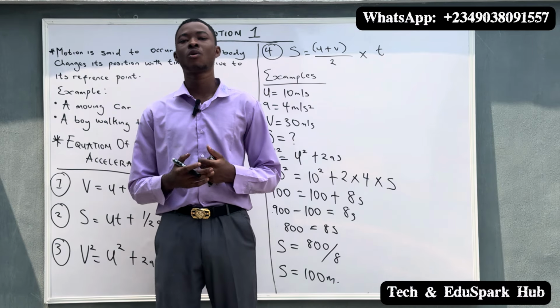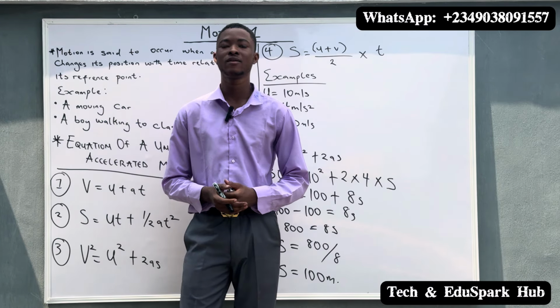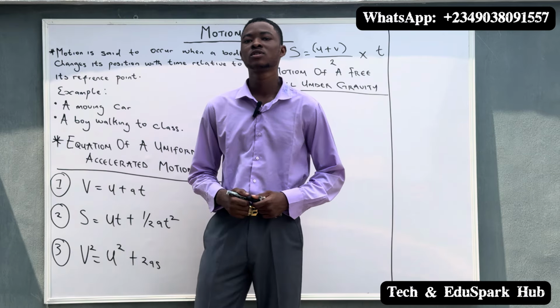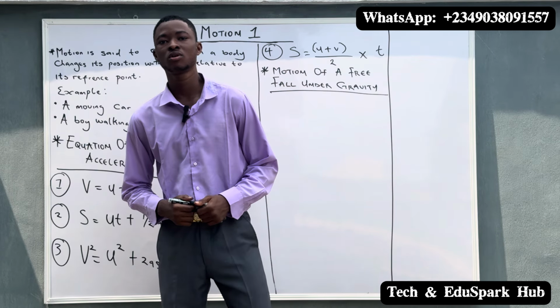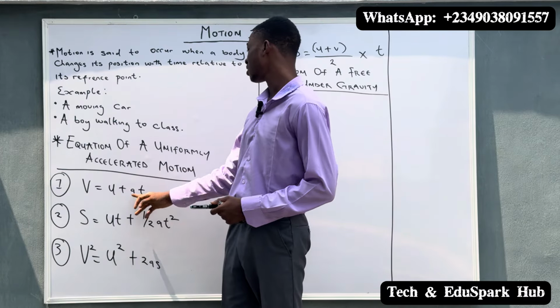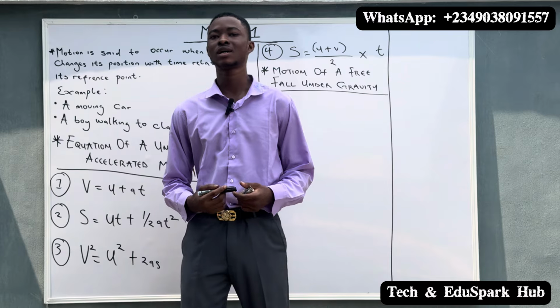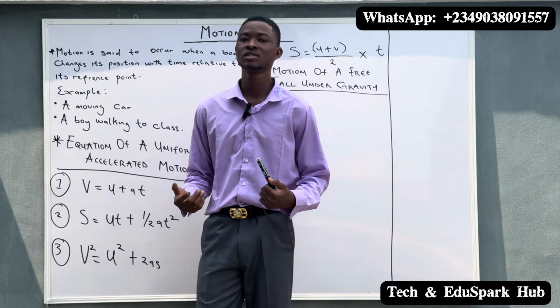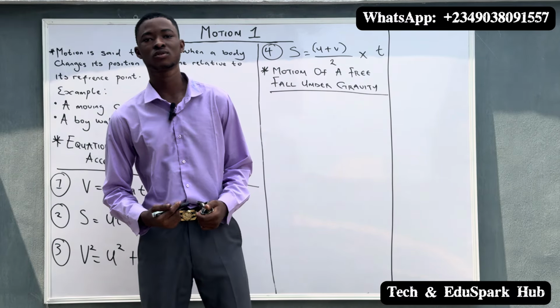So let's move to our last subtopic, which is the motion under a free fall. In this case, instead of the acceleration that we have been using, we just change it to acceleration due to gravity. So this is what motion under a free fall is all about.